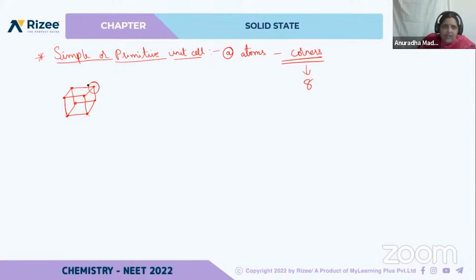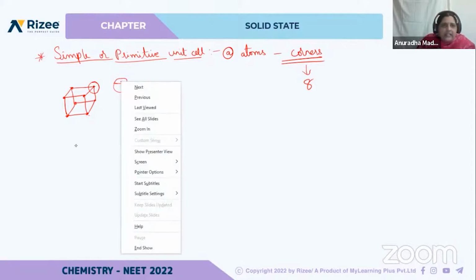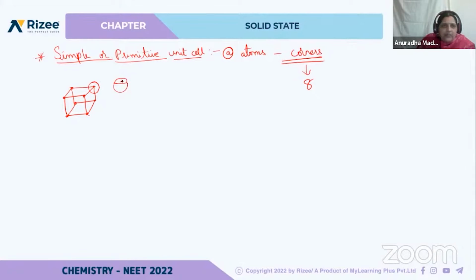By looking at this one, the first point is that half of the atom is out of the unit, so we should not consider that half. Let's consider the other half. Exactly at the center, the atom is present here.